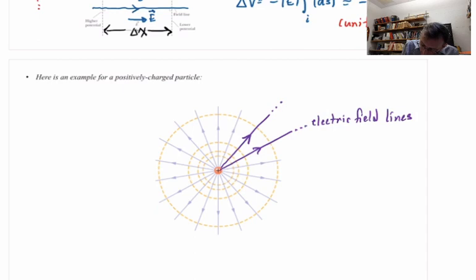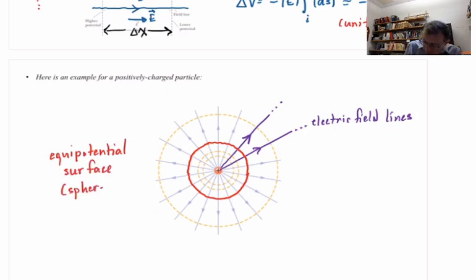So here's one of the equipotential surfaces. There's an infinite number of them. There's one for each possible value in volts. It's the surface, in this case, of a sphere. And where the electric field line crosses that surface, it crosses it at a right angle every time.